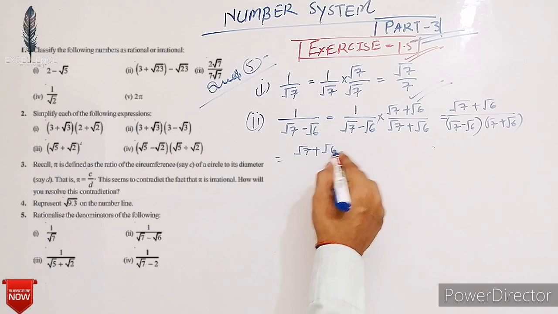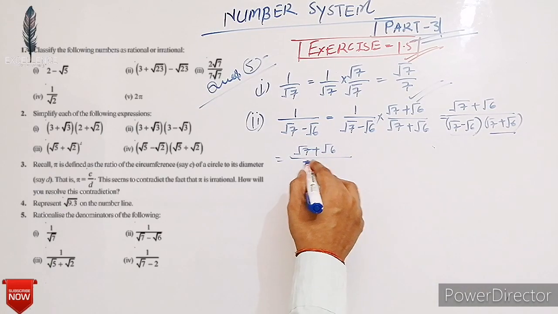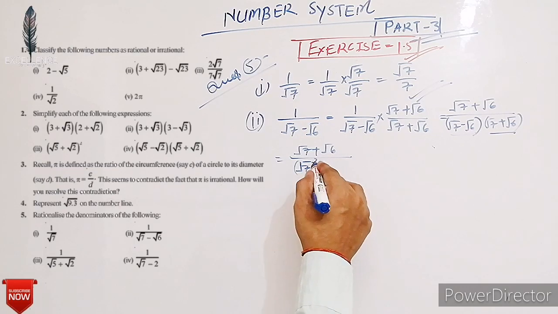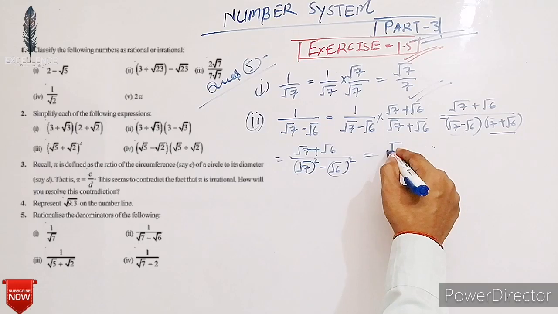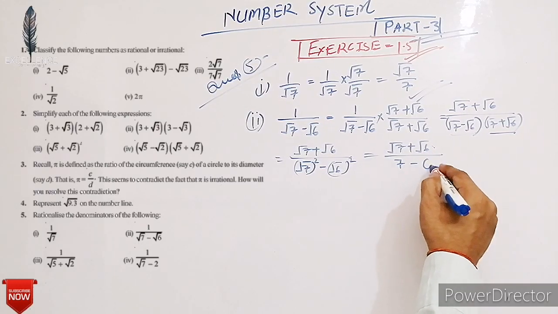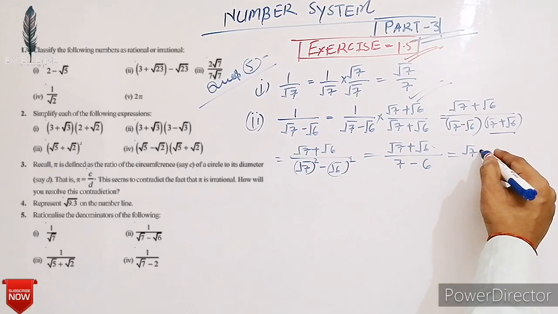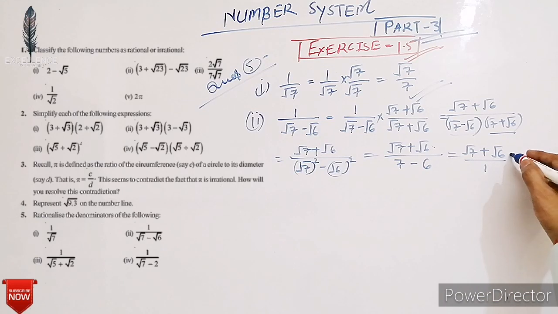So under root 7 plus under root 6 upon, what is the identity? a minus b and a plus b is equal to a square minus b square. So under root 7 square minus under root 6 square is equal to under root 7 plus under root 6 upon 7 minus 6. So here under root 7 plus under root 6 upon 1 is equal to under root 7 plus under root 6.